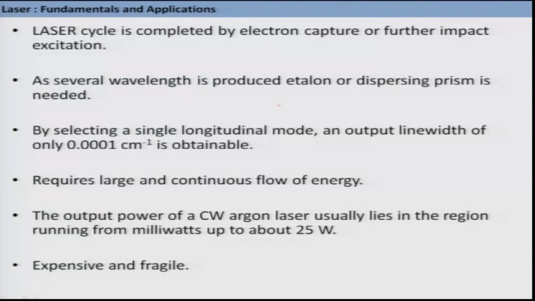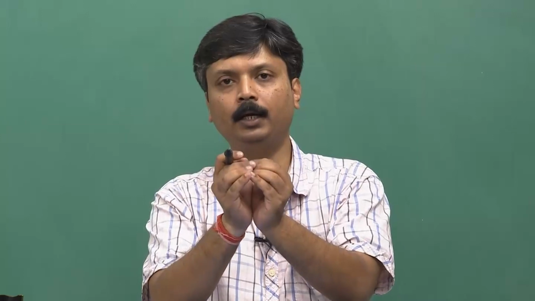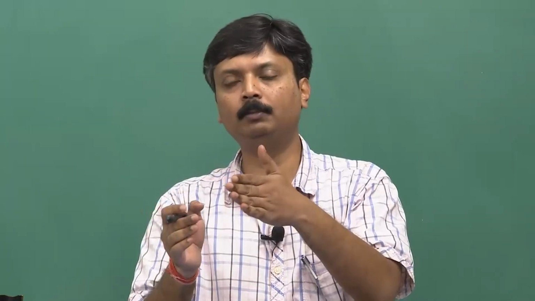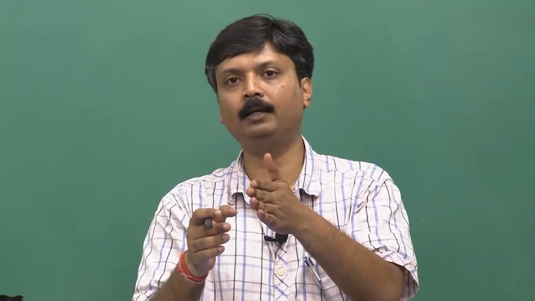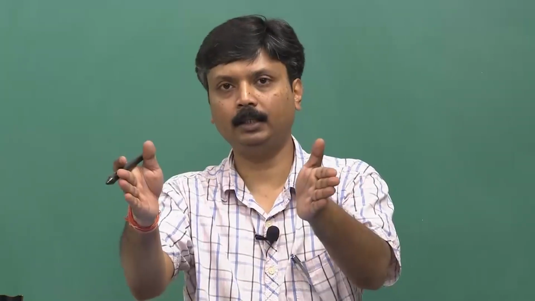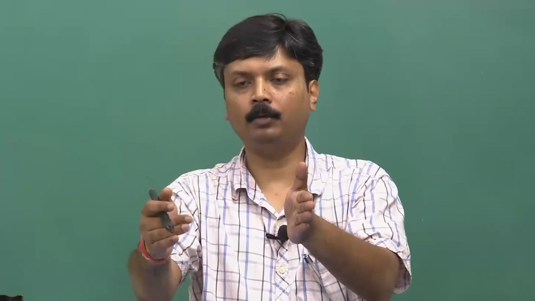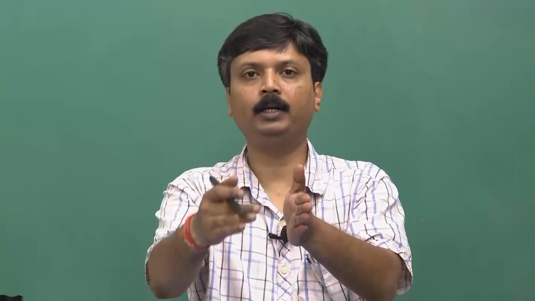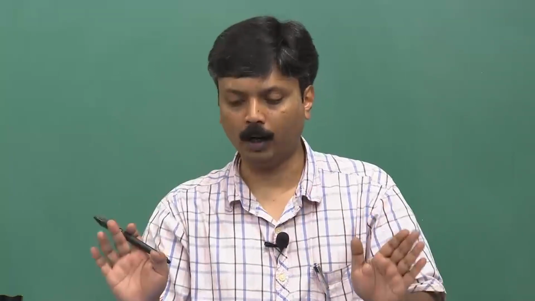You can also use a prism to disperse them. So if all of the lights are coming together, then you need to use something which will act like a grating, and it will disperse the light so that you can utilize different wavelengths for your work.